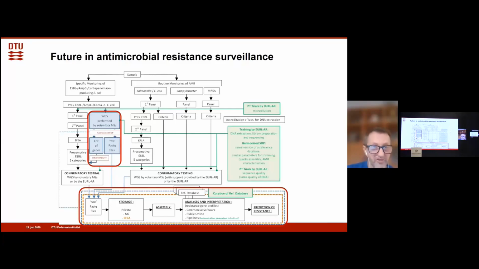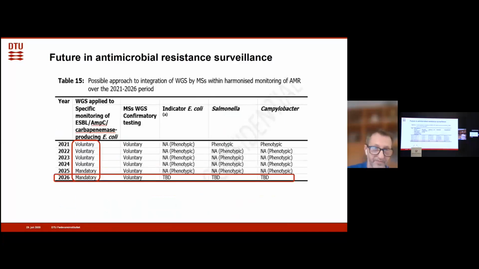The member state can choose to do whole genome sequencing instead of the phenotypic testing, and then submit genomic data to EFSA. This is very new, and it's really exciting that the European Commission agreed to this with the member states. So now we have taken the first step in genomic surveillance of AMR in the food and veterinary sector in the EU.